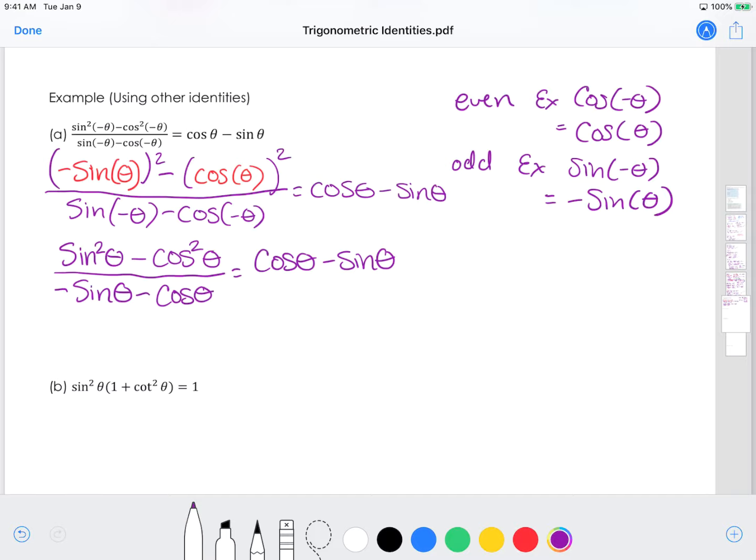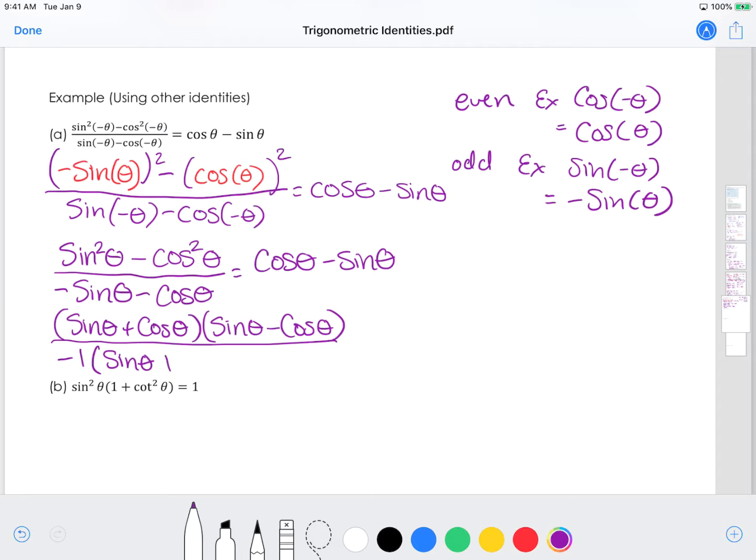Now, in the numerator, I have the difference of squares, so I can rewrite the numerator as sine theta plus cosine theta times sine theta minus cosine theta and factor it. And in the bottom, I can pull out a negative 1, and I'm left with sine theta plus cosine theta.